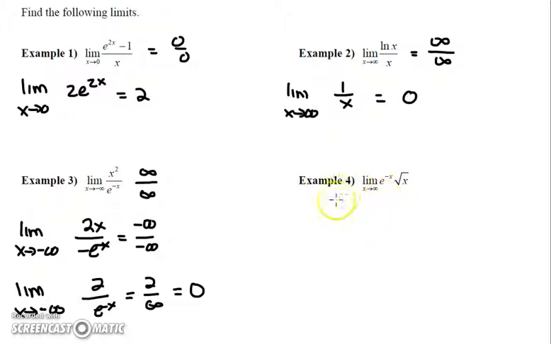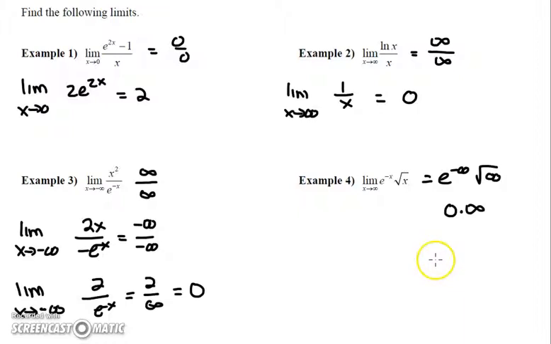Now if we look at this one, we're going to have e to the negative infinity times the square root of infinity. Well, e to the negative infinity is really 1 over e to the infinity, so that's going to be 0 times infinity.